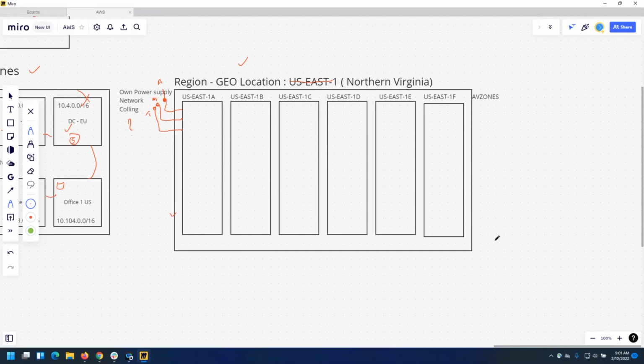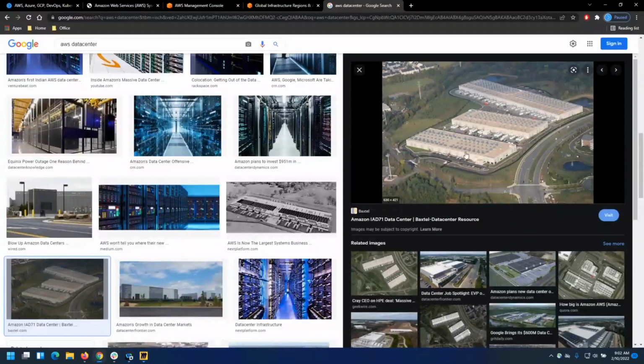So that if one building goes down, I still have services running on the other 5 buildings. Getting my point? That is the reason these buildings are segregated and kept separate.